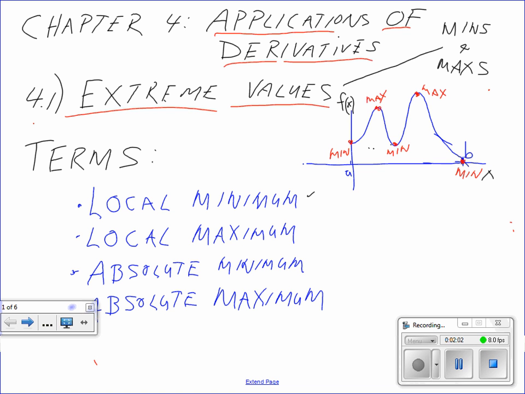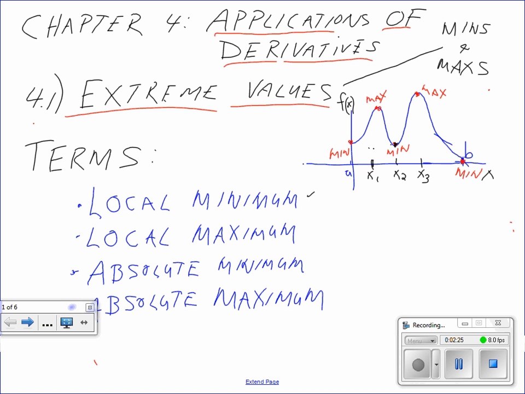Here's another local minimum. Let's call this x1, this x2, and this x3. At x2 we have another local minimum right here.